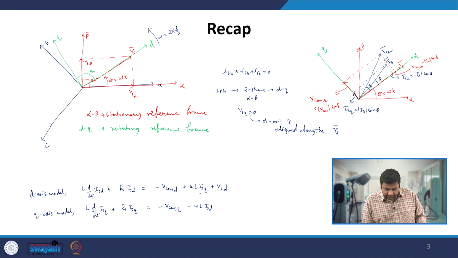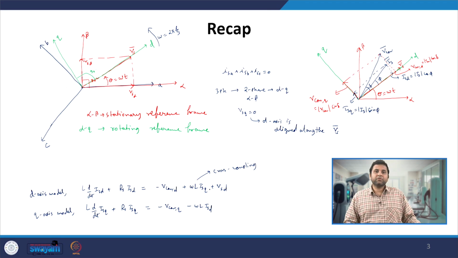This is the term which corresponds to the cross coupling term, because in the D axis we need to use the ISQ component, which is the component of the current space vector along the Q axis.